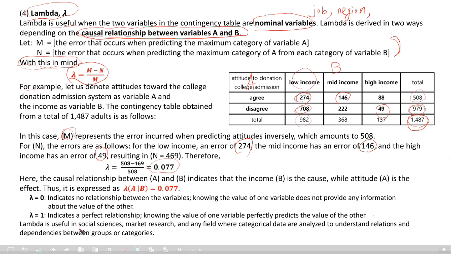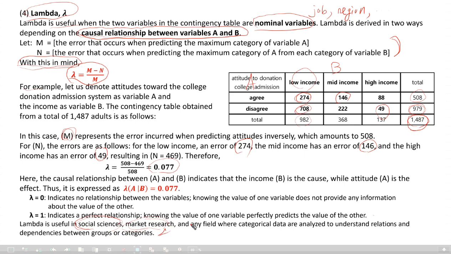Lambda is useful in social sciences, market research, and any field where categorical data are analyzed to understand relations and dependencies between categories. Get it? Social science and business majors use lambda frequently.